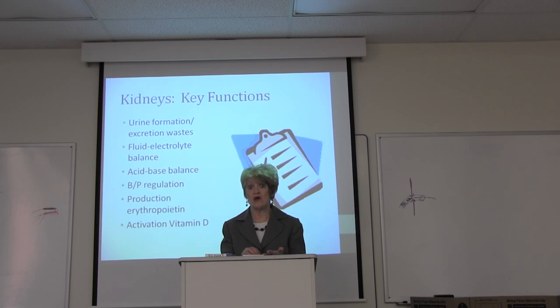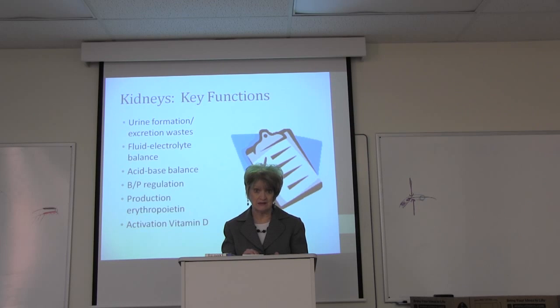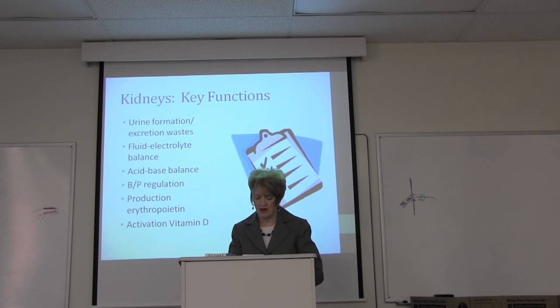We also know that in the process of producing urine, kidneys maintain our fluid and electrolyte status and maintain acid-base balance, because the kidneys have the ability to retain needed electrolytes and to eliminate any excess. The kidneys have the ability to retain or eliminate hydrogen, to retain or eliminate bicarb. We'll come back to that very briefly.